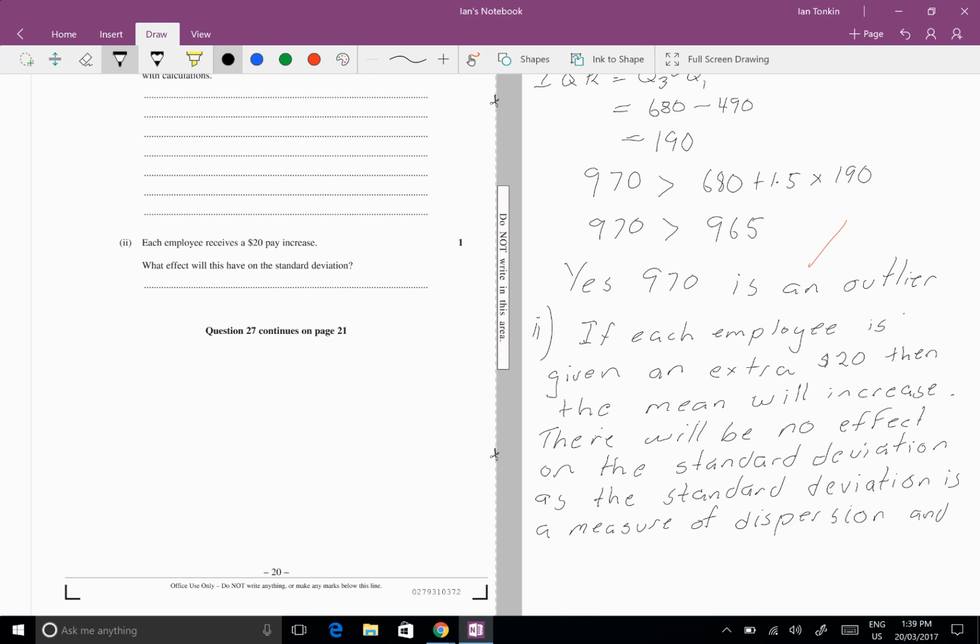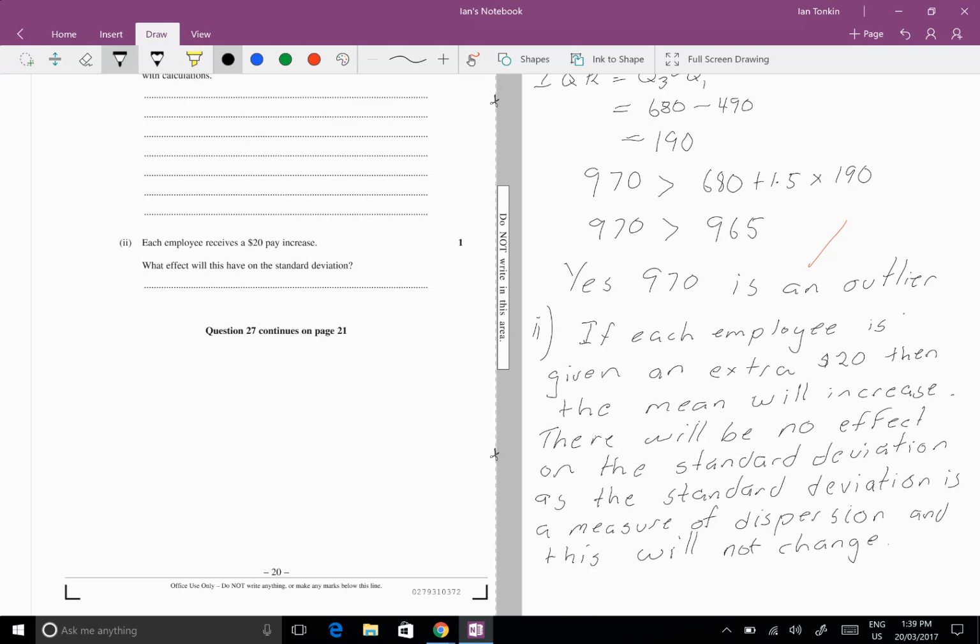And this will not change. Probably too much. Probably could have just said no effect. It's a measure of dispersion. But let's show them how smart you really are.